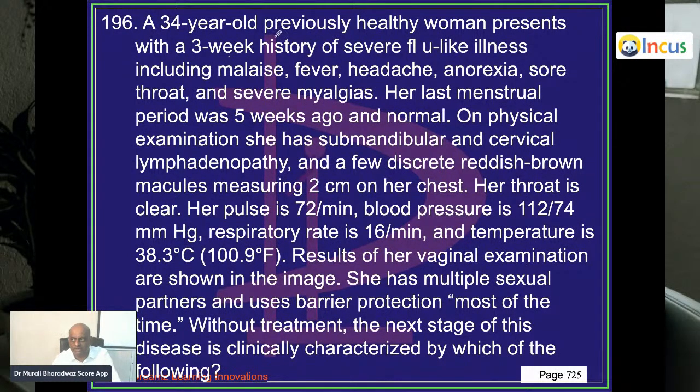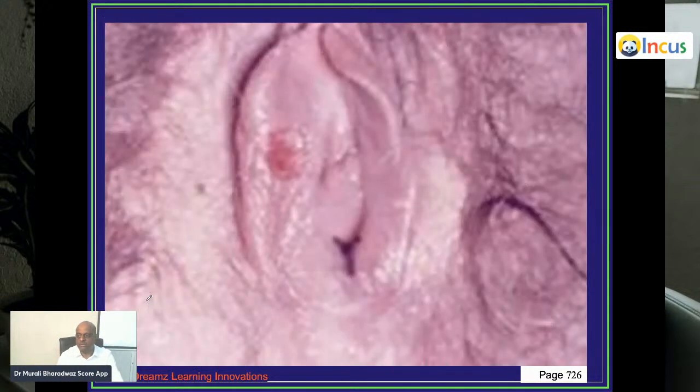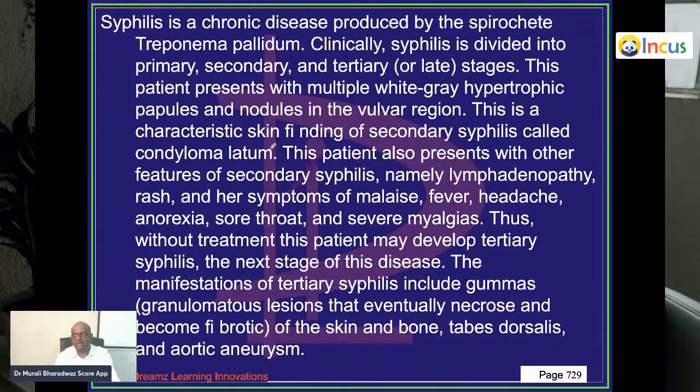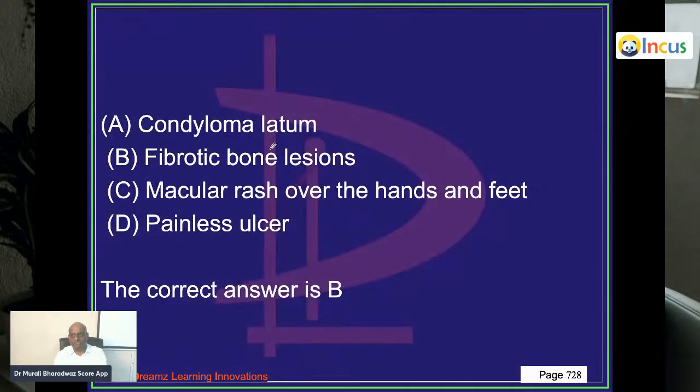A 34-year-old healthy woman, 3 weeks of history of severe flu-like illness, and submandibular and cervical lymphadenopathy. Multiple sexual partners. And what is this lesion you are able to see, doctor? Chancre. Right? So it is typically a syphilitic chancre.